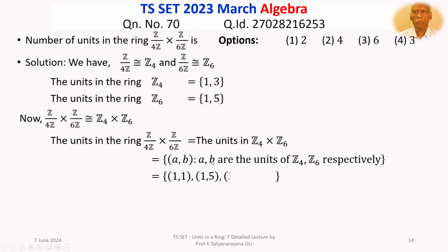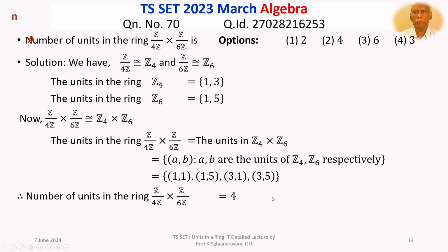So it will be (1,1), (1,5), (3,1), (3,5). So physically we write down, how many? They are 4 in number. So the number of units in this direct product Z/4Z cross Z/6Z is, you count them, 4. So that is the detailed discussion of this question, and the answer for this question is option 2.